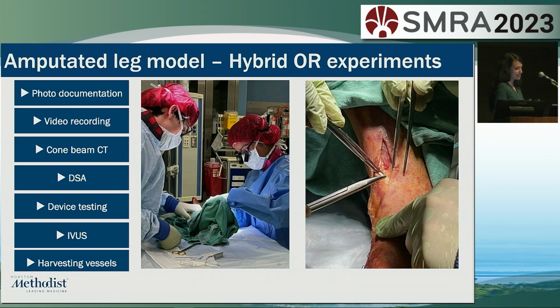Current device testing methods often rely on unrealistic animal models, creating a gap between preclinical trials and clinical reality. That's the question that we wanted to answer with our amputated leg model. By characterizing lesions before the device use with our MRI histology protocol, we aim to distinguish patients who stand to benefit from those who might face harm during the treatment.